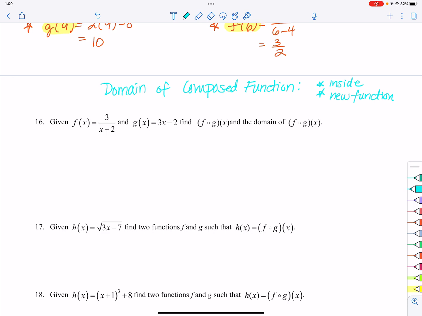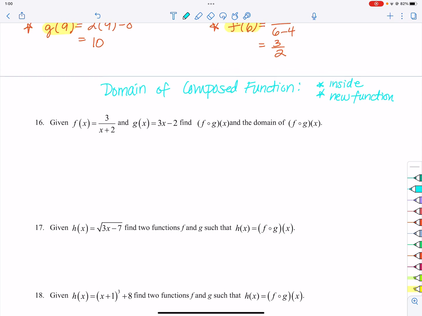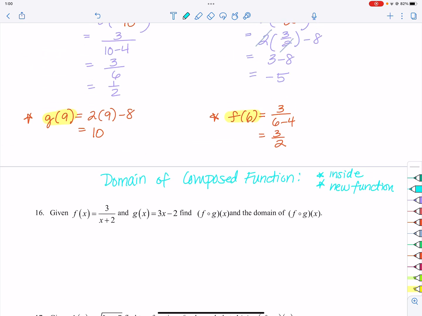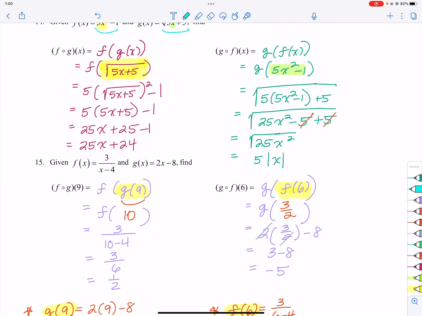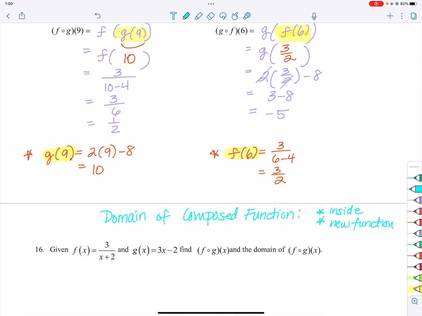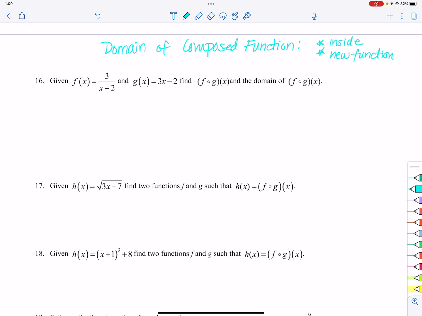So let's first find the domain of f composed with g of x. This is not one of the examples that we have done above, so we're going to have to find these compositions first. But a lot of times you'll find the compositions and then the domain along with them. So let's go ahead and first find f composed with g of x.